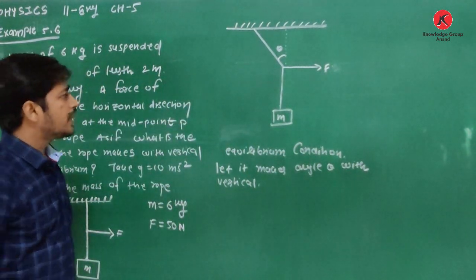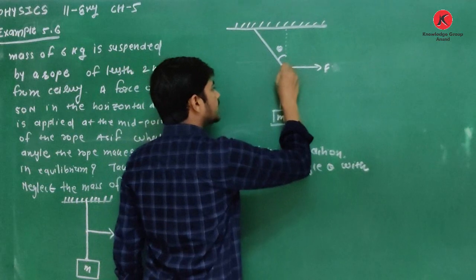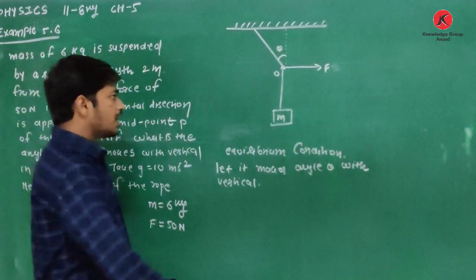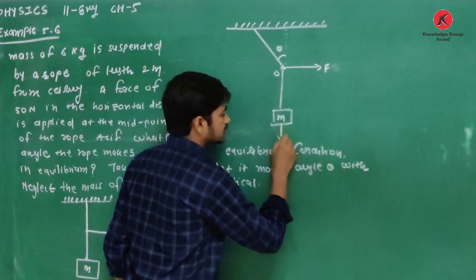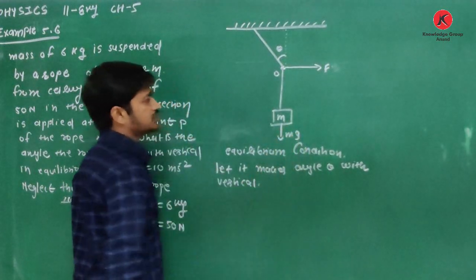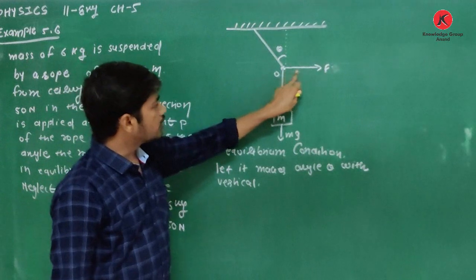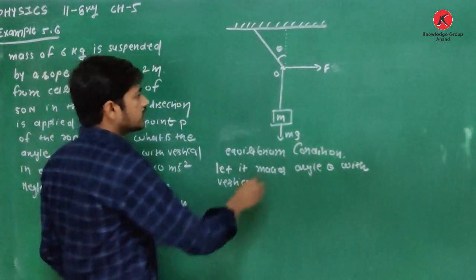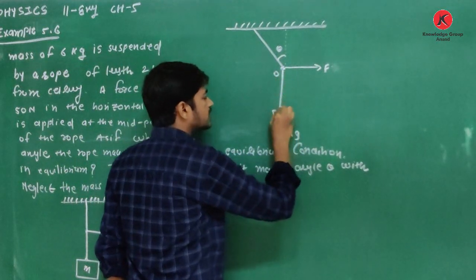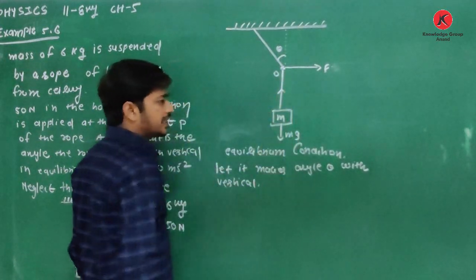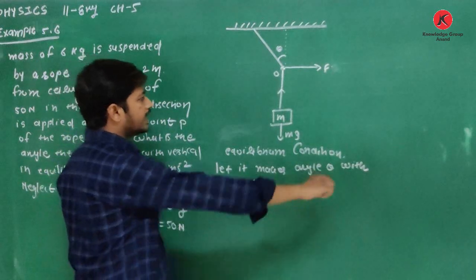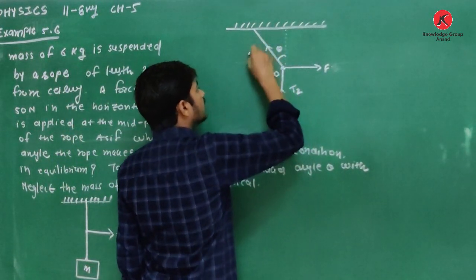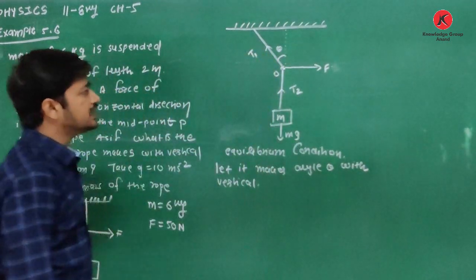Now we have to identify the number of forces. Let this midpoint be named O. On the mass, it is mg in the downward direction. There is a horizontal force, and there are strings, so tension is produced in these strings. Let the tension in this string be T2, and the tension produced in this string be T1.